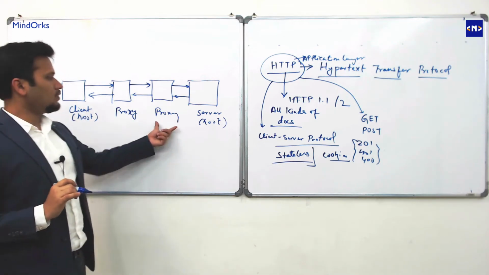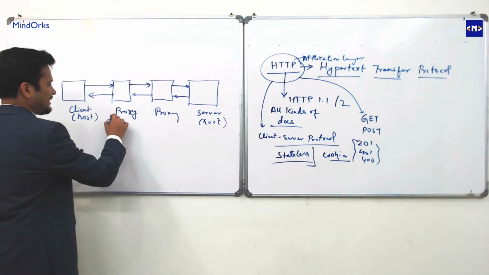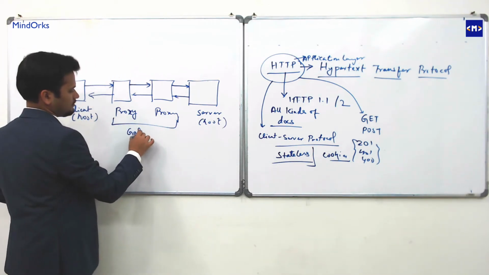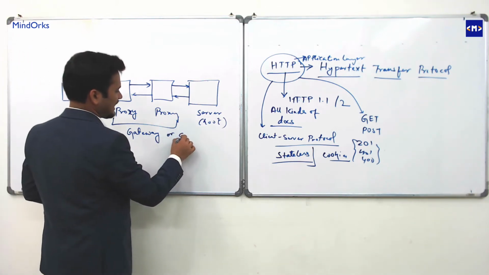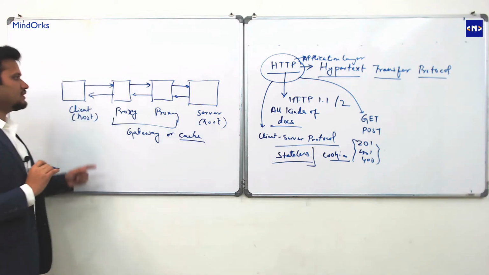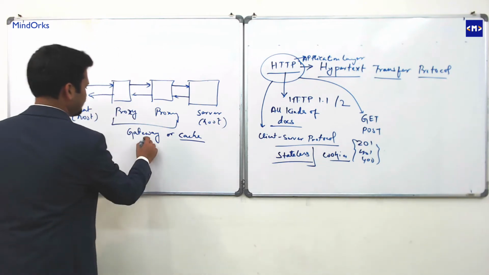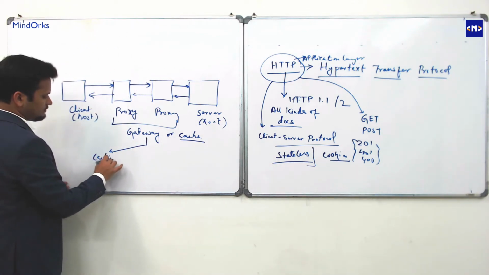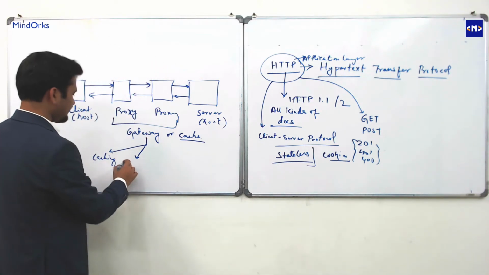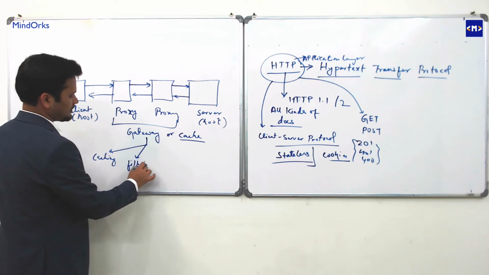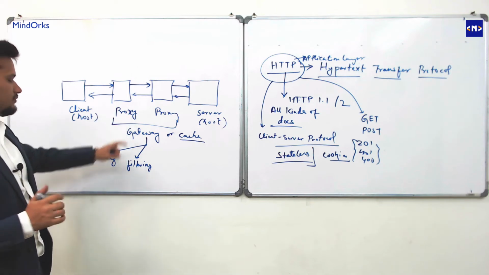So what is the role of this proxy? It acts as a gateway to define where to send the information, or it can cache the request. So the basic uses will be caching, then filtering. For example, if you want spam messages to be filtered, this proxy will do that for us.